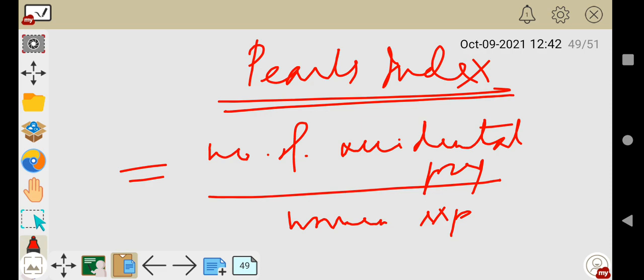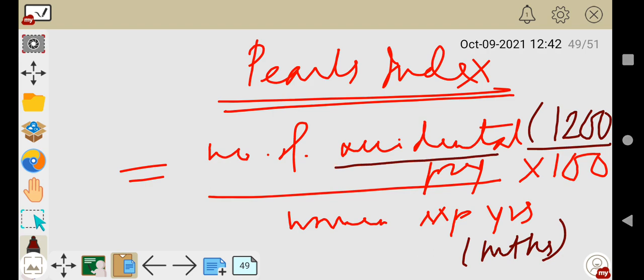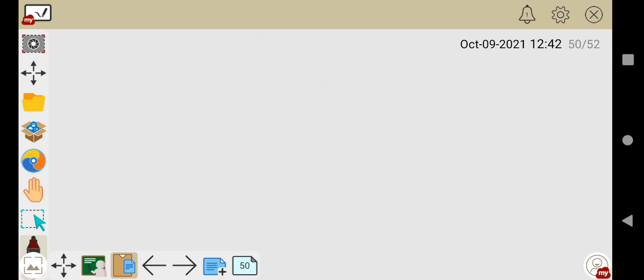Now here if you give years, you multiply by 100, but the moment you give months, it will automatically come to 1200 because there are 12 months in a year. Am I clear? So Pearl's index is the number of accidental pregnancies per women exposed. In years 100, in months 1200. This multiplying factor will change. Next.